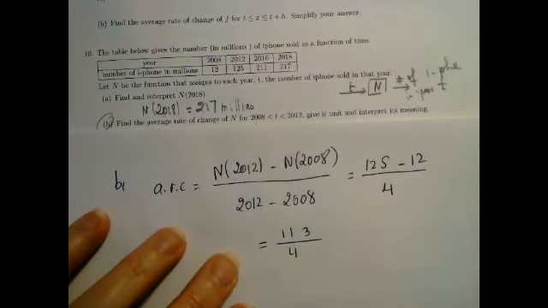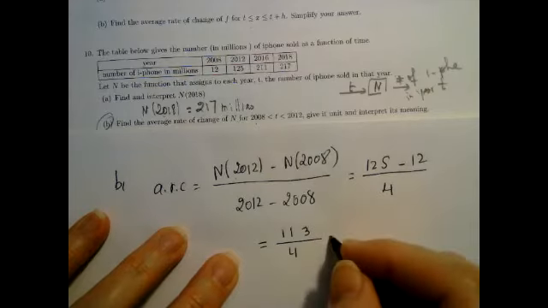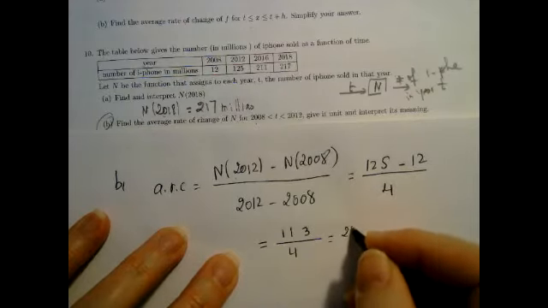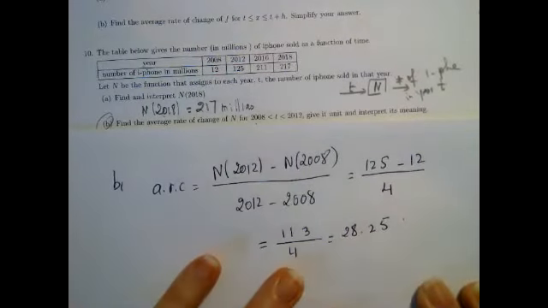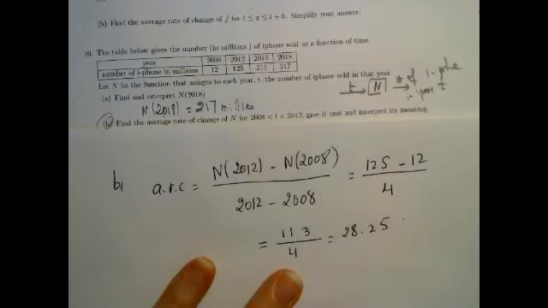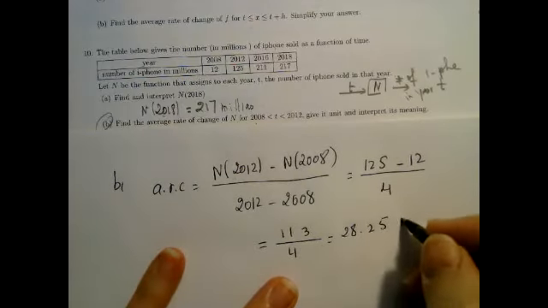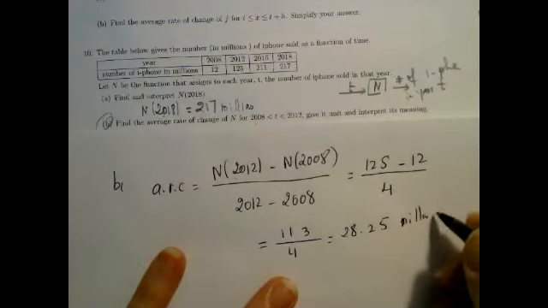I'm going to put it in decimal just to explain it better. 113 divided by 4 gives me 28.25. That's the average rate. And now I want you guys to give me the unit and interpret. What's the unit? Million per year. Absolutely, million per year.